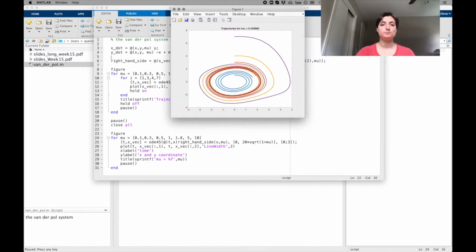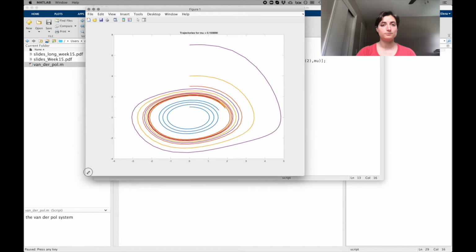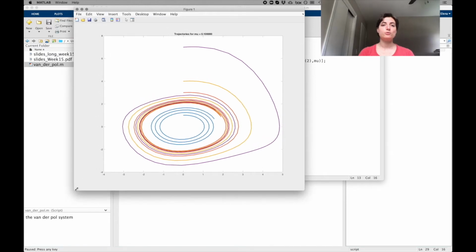This is, let me try to make it bigger. This is for a low value of mu. We are almost at the point in which we have periodic orbits, only periodic orbits. So mu is very small. You nonetheless see that your trajectories with different colors tend towards the same thing.